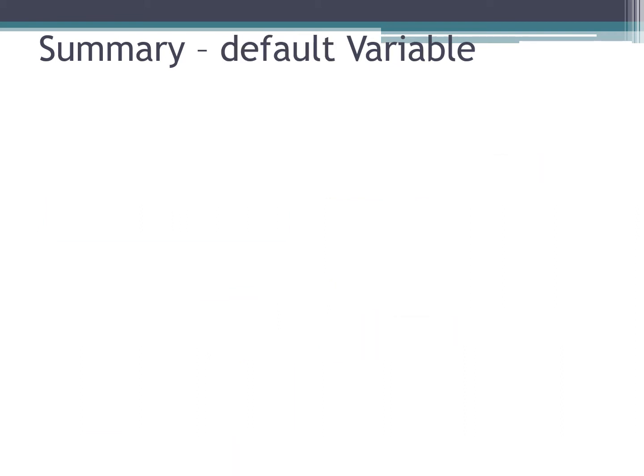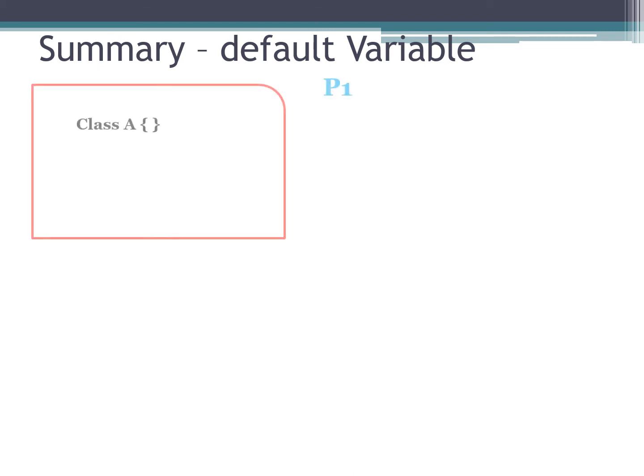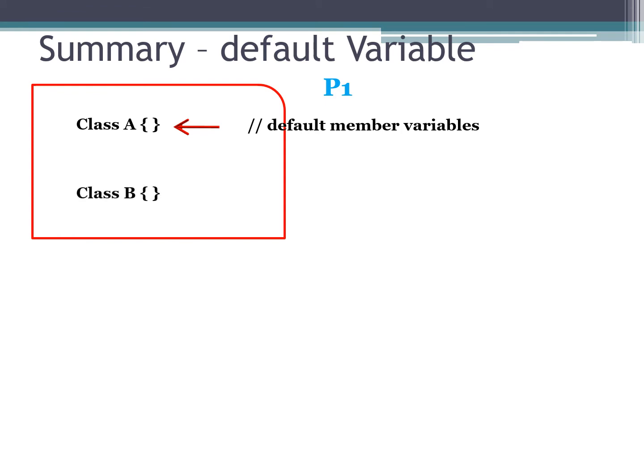Now let's check the visibility of default variables. In package P1 there is a class A with its own set of default variables. If there is a class B in the same package as class A's declaration, B is able to access the default member variables of class A, as both of these classes belong to the same package.